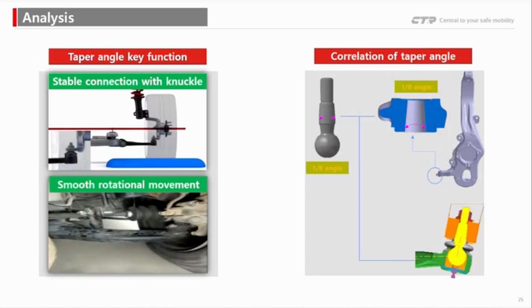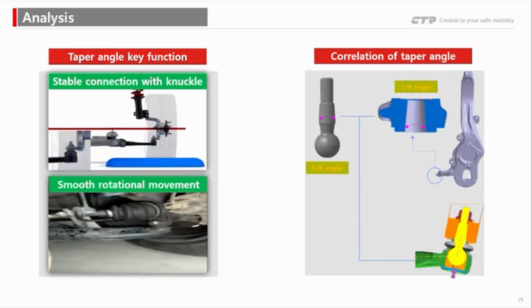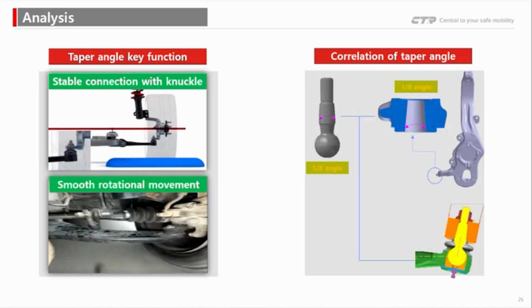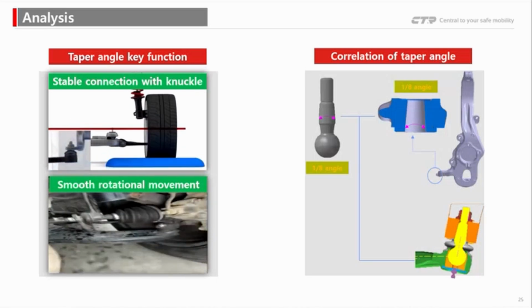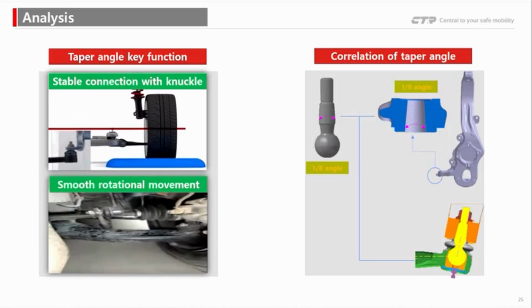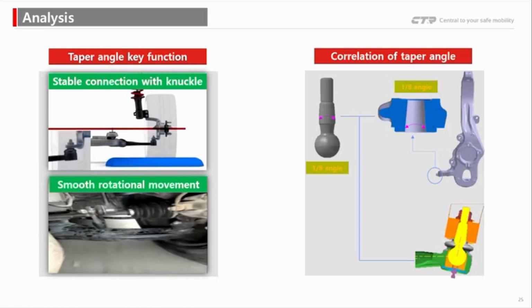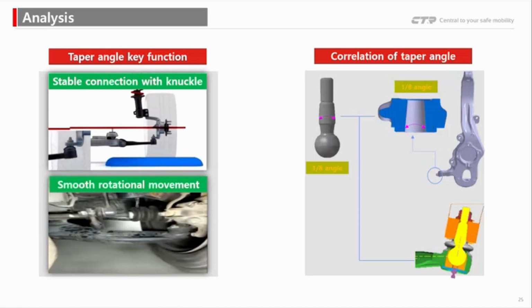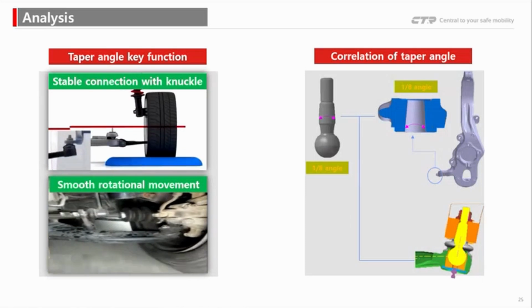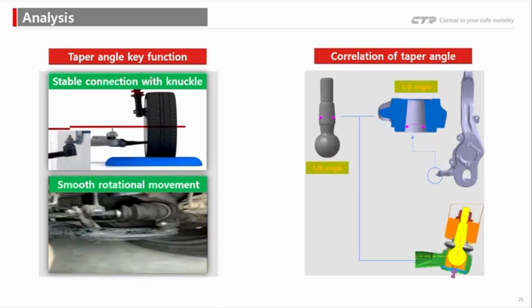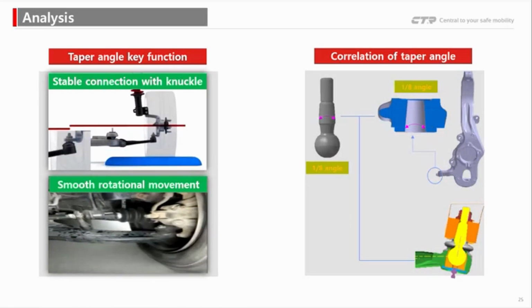The 1.8 taper angle plays a crucial role in ensuring a tight and proper fit with the knuckle, maintaining stability on the road and enabling smooth operation without play or misalignment.